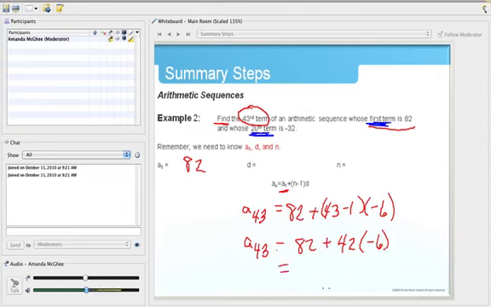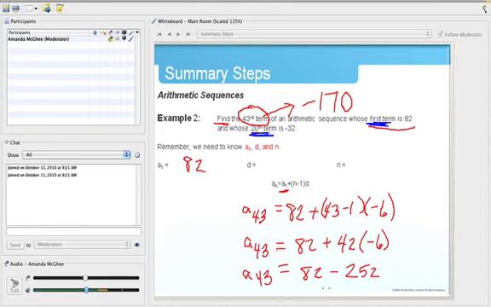Okay, and that would be 82 minus 252, because 42 times negative 6 is negative 252. So our final answer, the 43rd term of this arithmetic sequence, is negative 170. 82 minus 252 is negative 170.